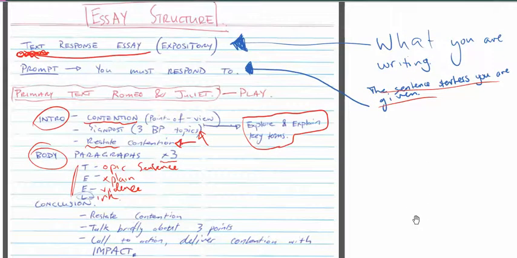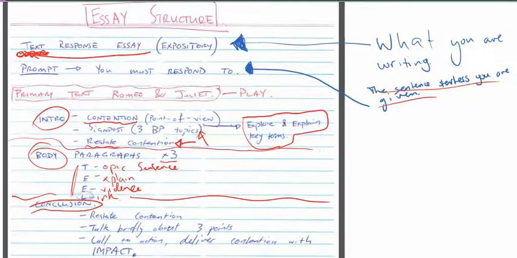Last thing we need to know is conclusion. Now, conclusions for me are often like introductions in that they have the same things. You restate your contention. Again, different way, all right? Now that you've finished writing your essay, treat it like you've just discovered something great, or treat it like, see, I'm telling you something that you didn't know, but you should have known all along.